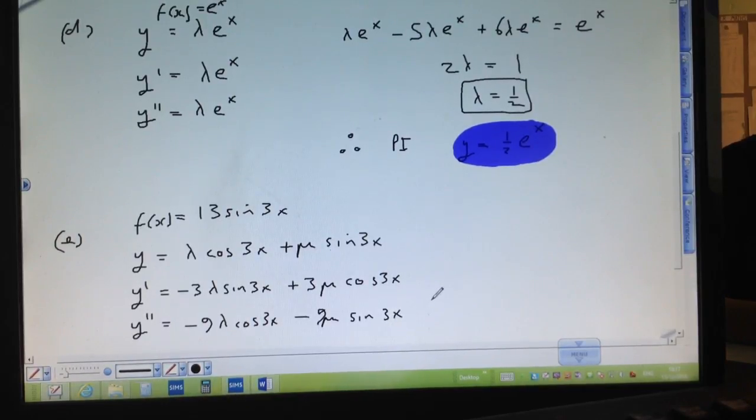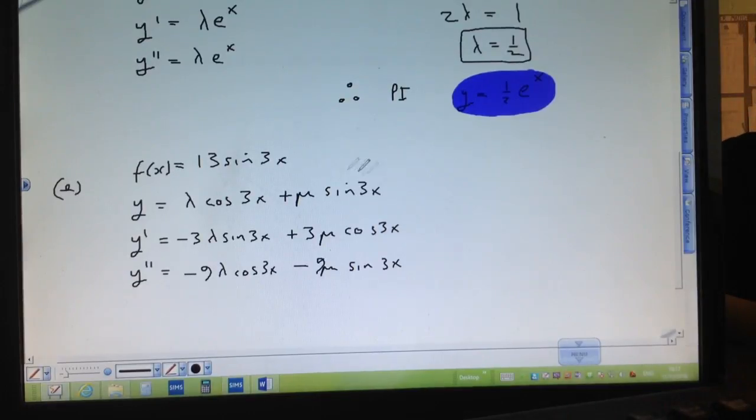Okay, once you get good at this, there's a quicker way of doing it, but I'm going to do it the long way and leave it for you to find what works best for you. So here we go.